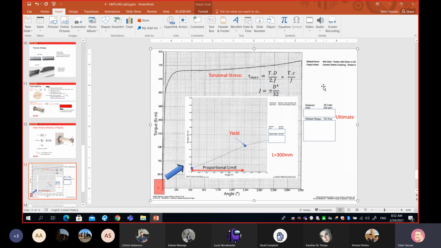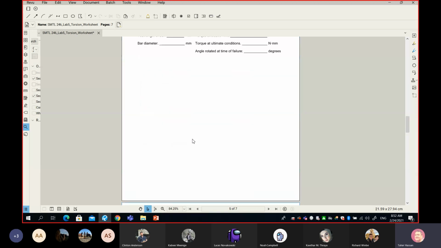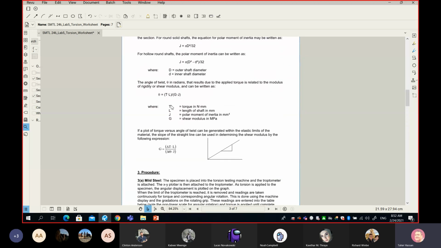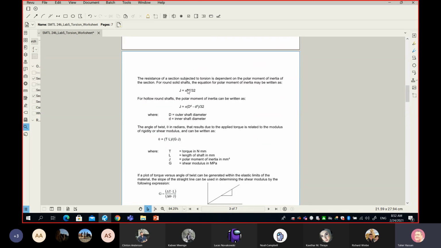So please make sure you take note. And I think this is even on the lab. It will tell you that J is equal to pi multiplied by d to the power 4 divided by 32. Even if you don't do it, it's available on the lab.